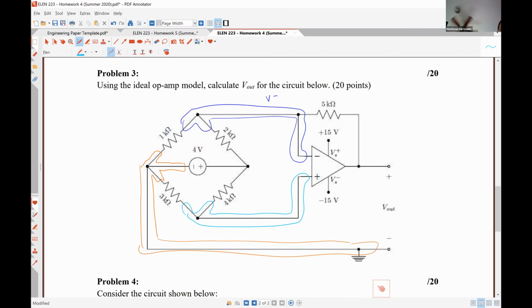This is my non-inverting terminal, so this voltage is going to be V plus. And because this is an ideal op-amp circuit, those voltages have to match, just to be super clear about that. Then we have this one here.